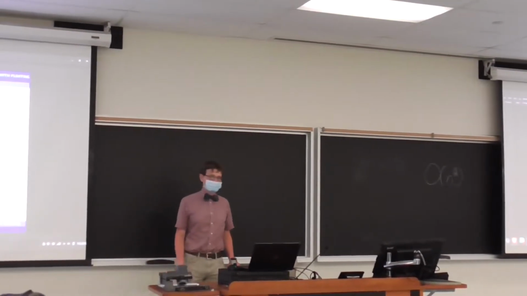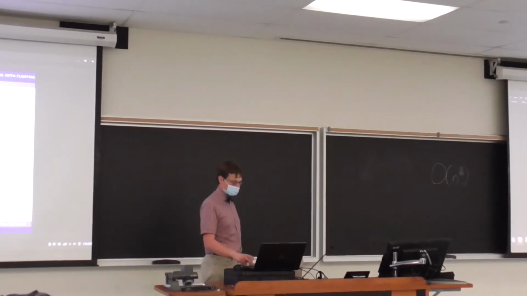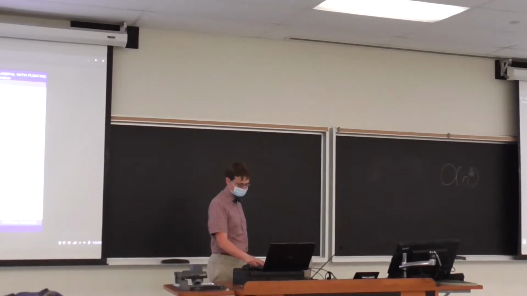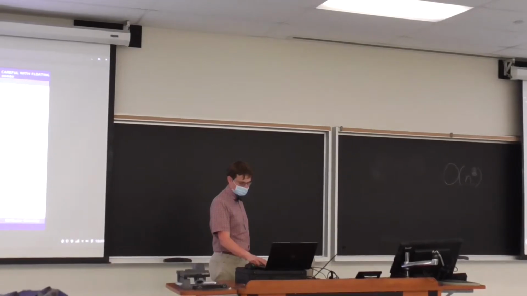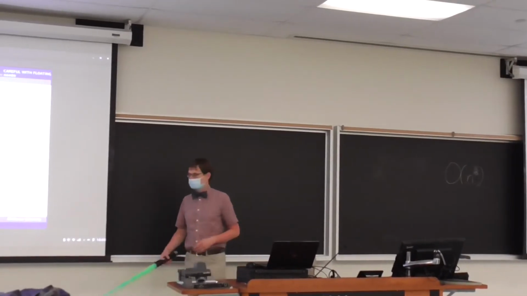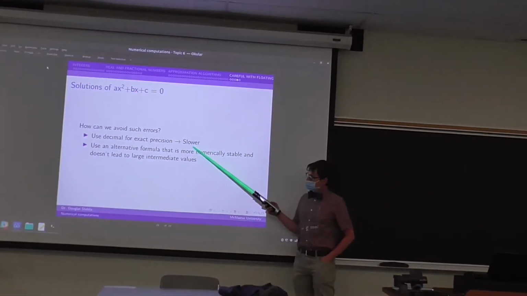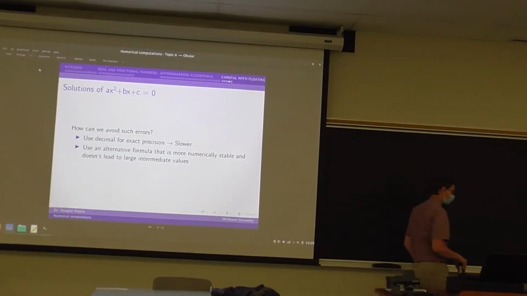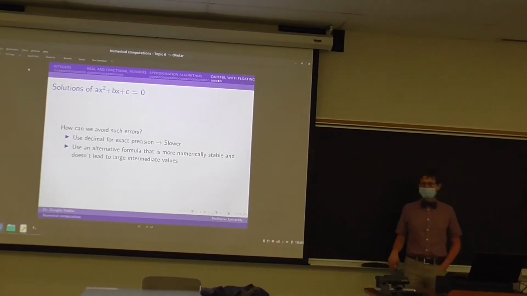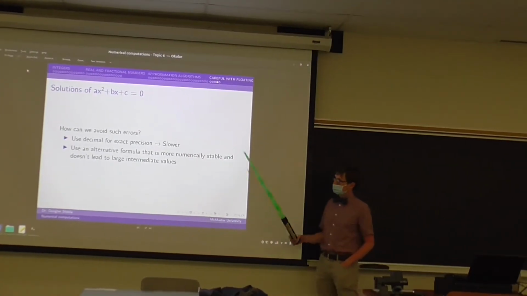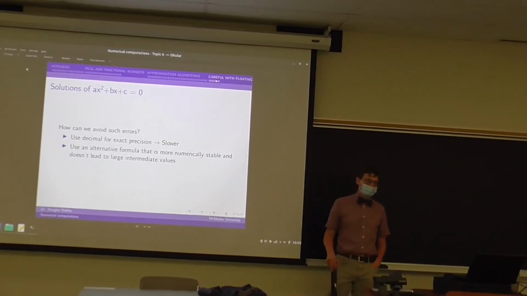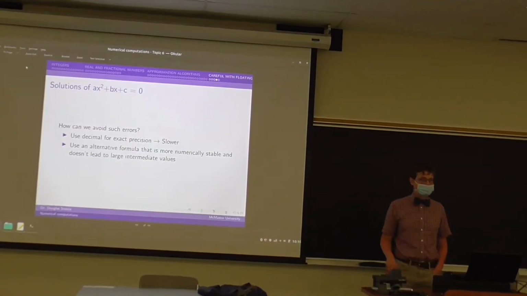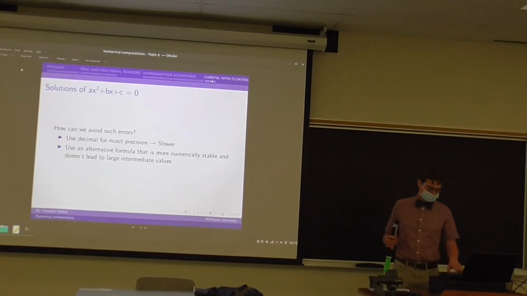So the question is, how would one avoid this type of situation? So you could use the decimal library for exact precision, which is slower but more reliable. Or you could also use an alternative formula, which is more numerically stable and does not lead to these large intermediate values.